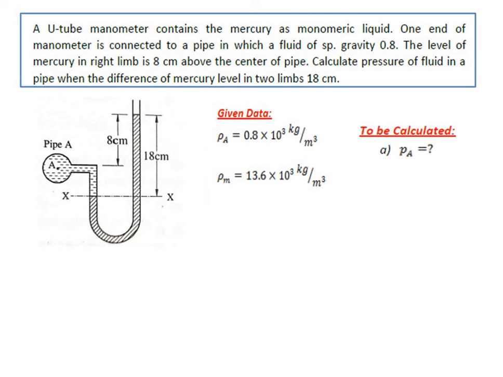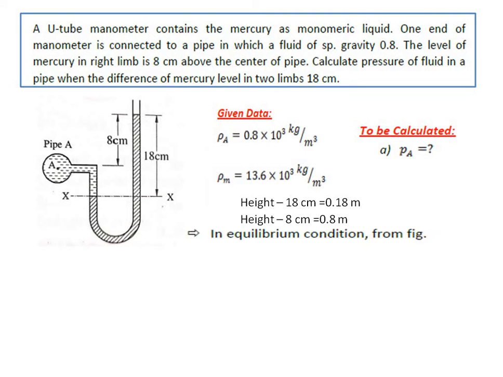It is the density of mercury. Now we want to calculate the pressure at point A. The height is 18 cm, which is 0.18 meter, and the height towards A, the height difference, is 8 cm, which is 0.08 meter.